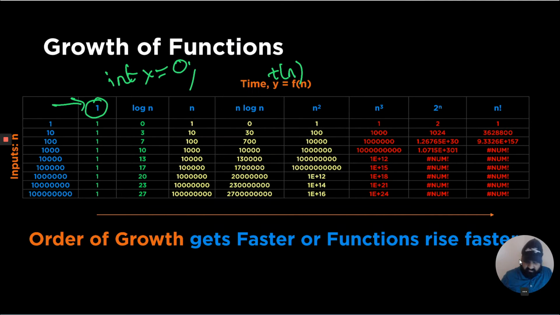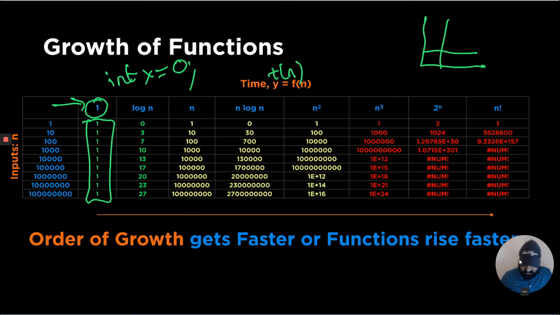A statement like this belongs to a constant function. If we have an int main and we just have int x equal to 0, we know that there's just one statement in the program, there's no input. So even if we increase the size of the inputs, we'll always get output equal to 1. And whenever we plot this graph, it would look constant, either this way or this way.